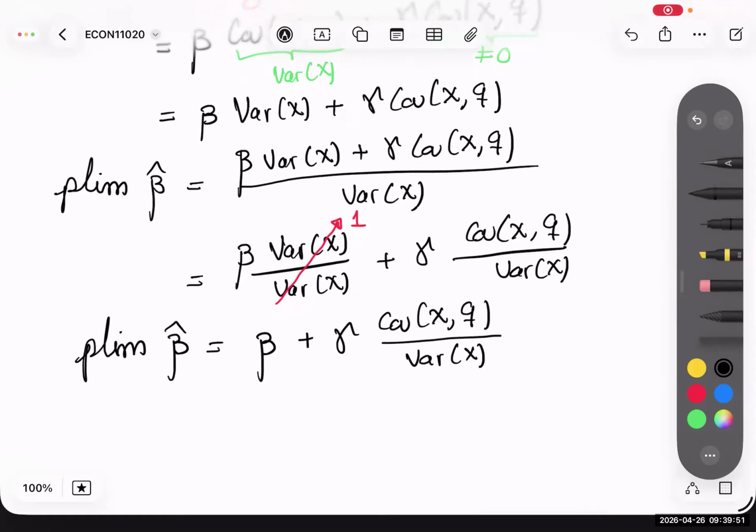with these steps, what we show is that the OLS estimator is not consistent when you have the omitted variables problem, right? So I could just write this down super quick to have the conclusion here.